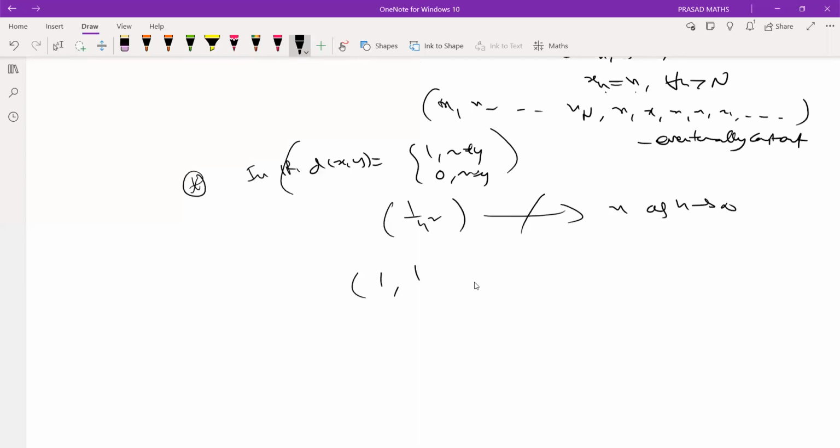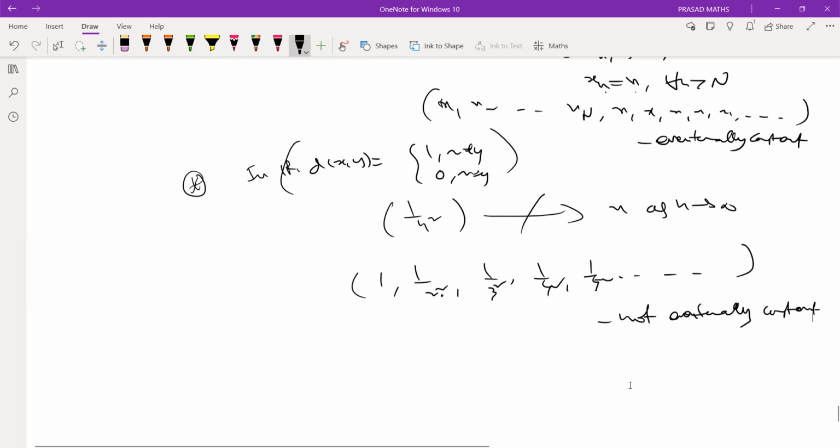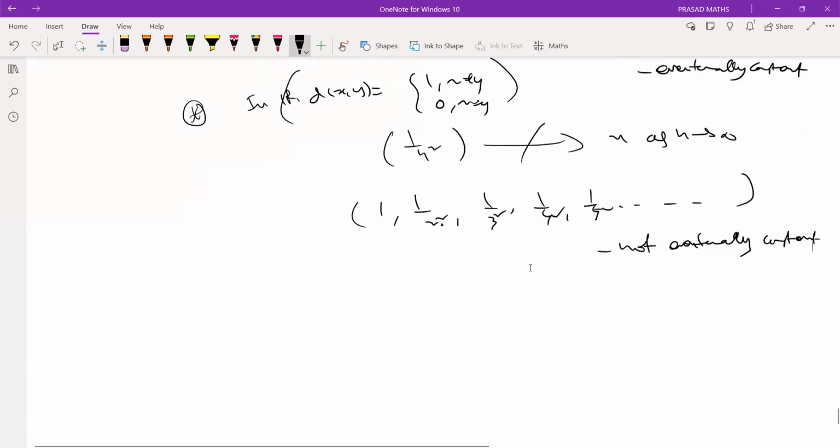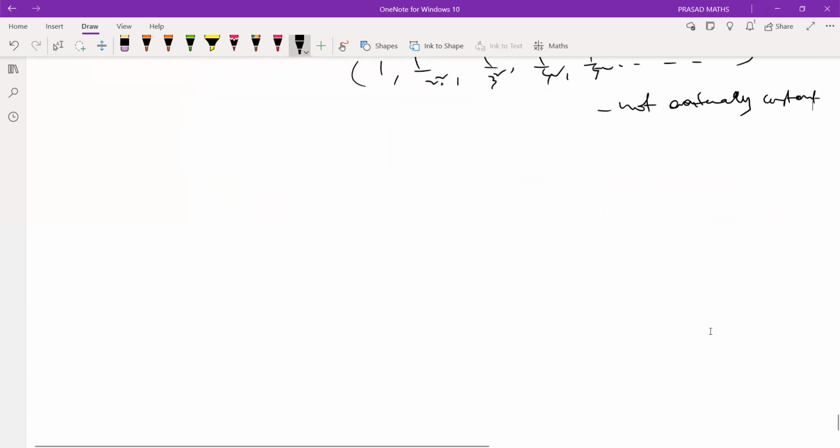Because my sequence 1 by 2 squared, 1 by 3 squared, 1 by 4 squared, 1 by 5 squared is never an eventually constant sequence. So hence it is not convergent in discrete metric space. Is it clear? Yes or no? Yes. Right.